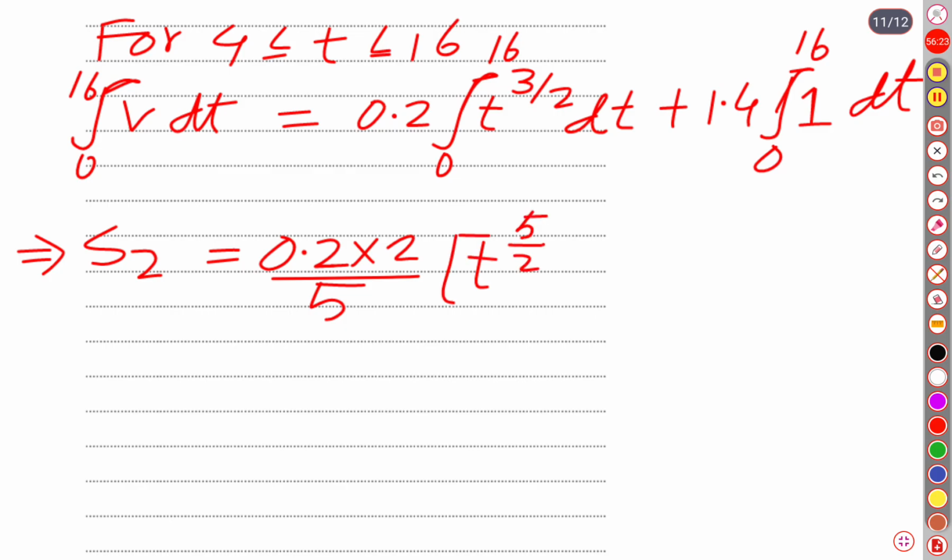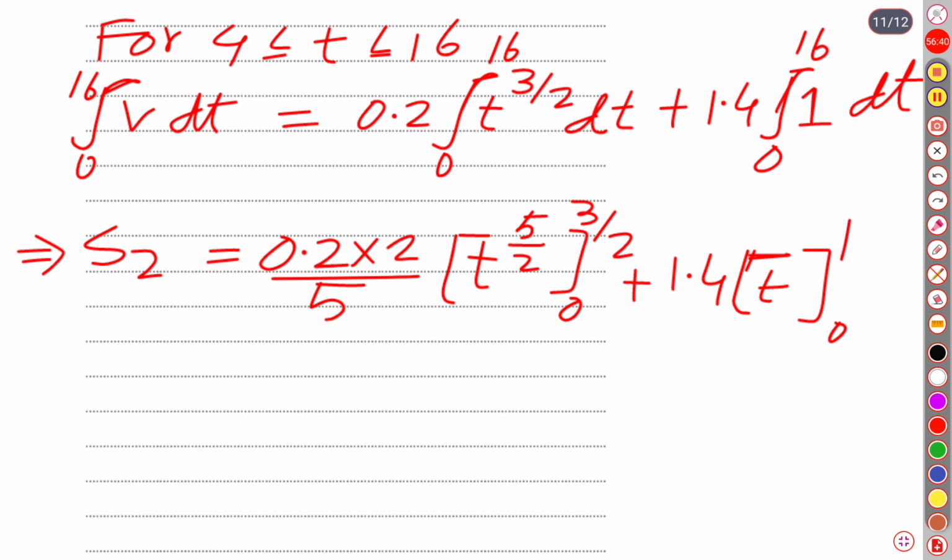Our limit is from 0 until 16, plus 1.4 into t. 0.2 and 0.4, so it is 0.08, then our time is 3 over 2.